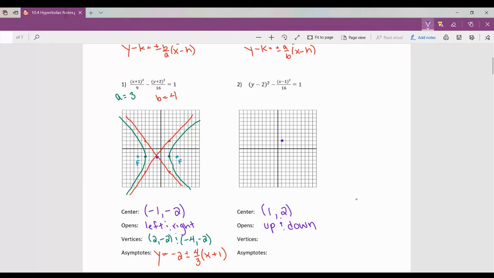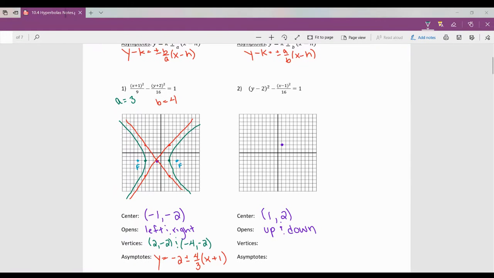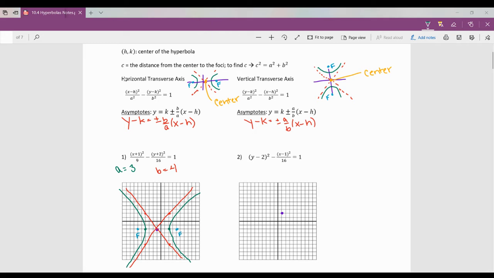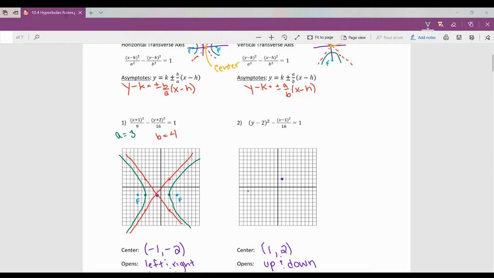Okay, so now we do the vertices. A is under the first one, whether it's horizontal or vertical. A is always under the first fraction. Well, there's no fraction, so we put it over 1. So my A is going to equal the square root of 1, which is 1.